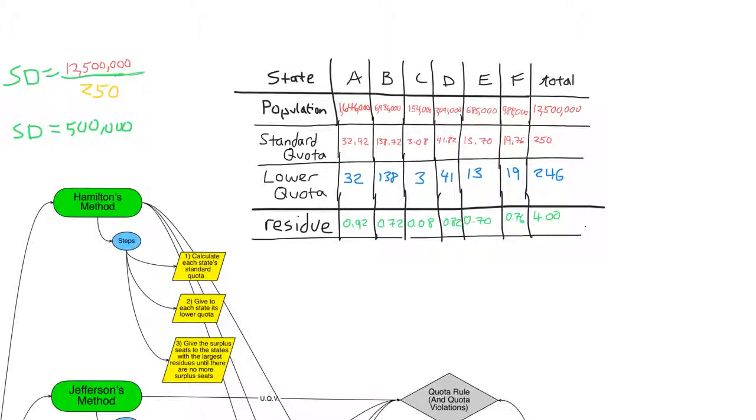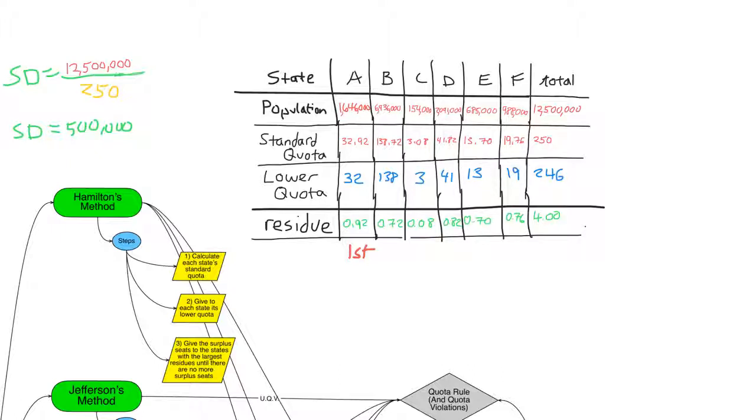So once again, according to Hamilton's method, we're going to give the surplus seats to the states with the largest residues until there are no more surplus seats. So what does that mean? That means that we're going to give the extra seats to the states that have the largest residue. So since state A has that residue of 0.92, we're going to give state A the first one.